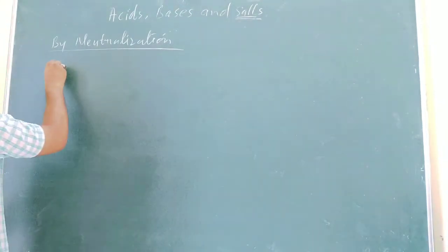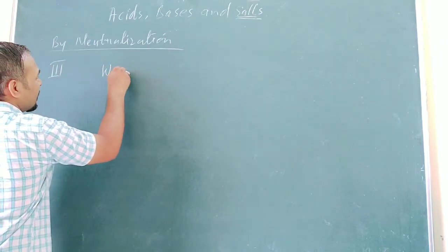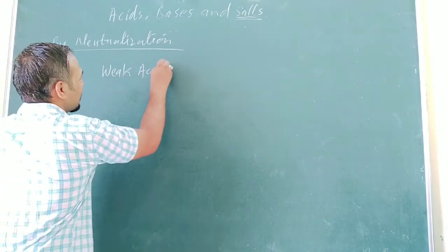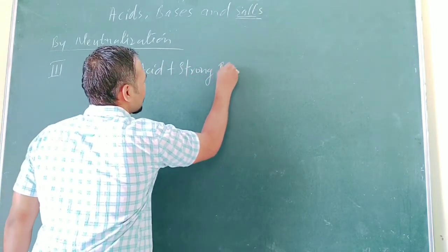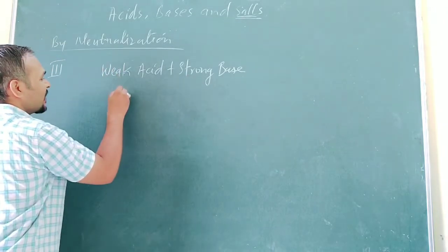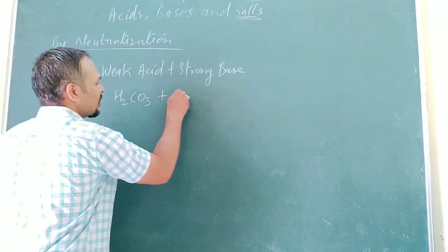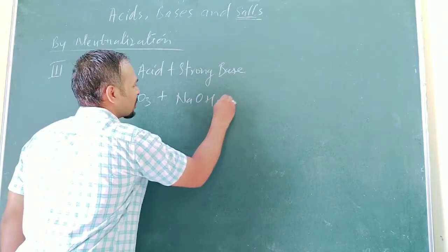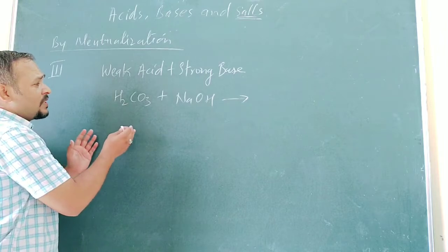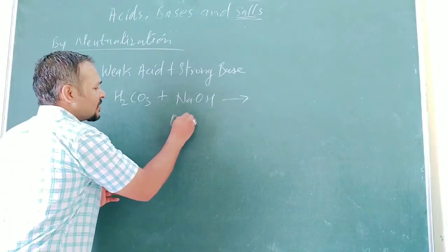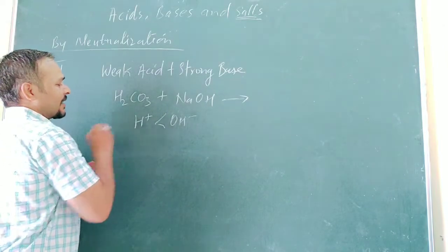Now moving to case three. In case three, we have a weak acid and a strong base. For example, the weak acid is carbonic acid, H2CO3, plus a strong base, suppose sodium hydroxide. Now in this case what will happen? The number of OH ions will be more than the number of H plus ions.